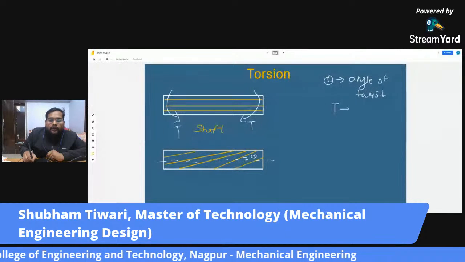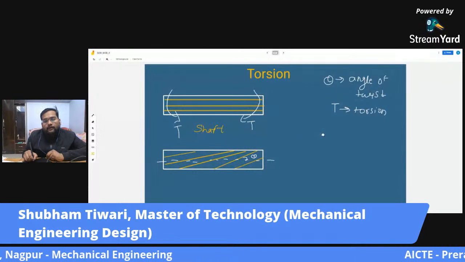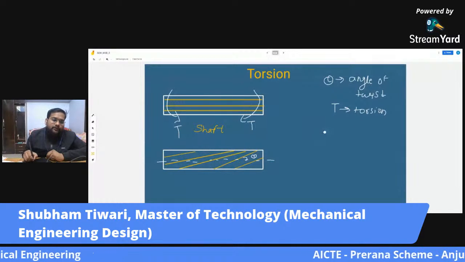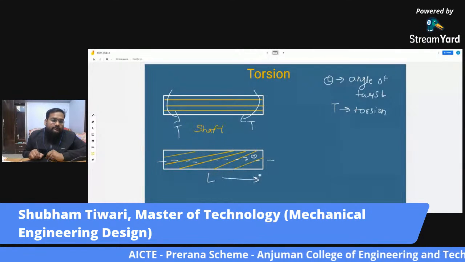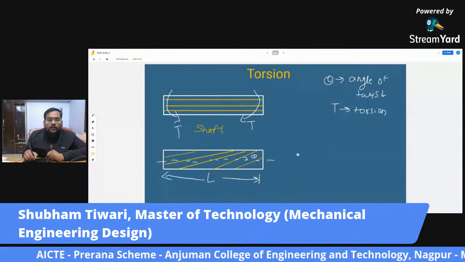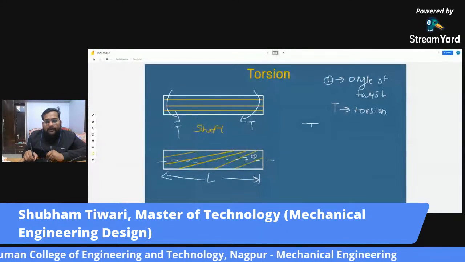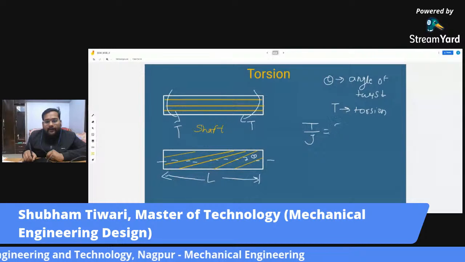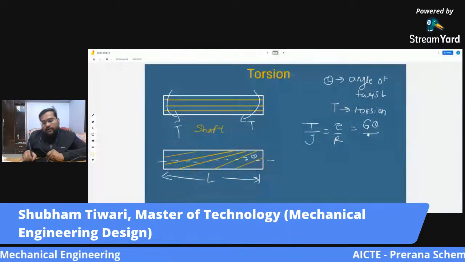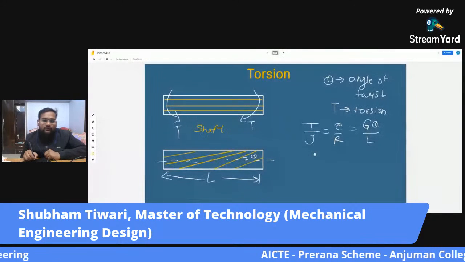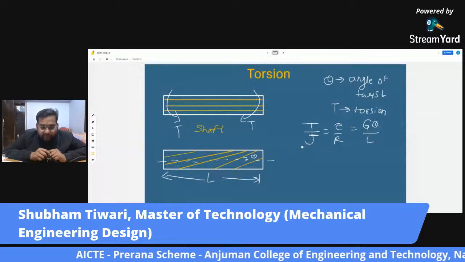And T is torsion. Now, let us say L is the length of this shaft, then the twisting moment can be found by using this formula: T by J equals tau by R equals G theta by L, where G is the modulus of rigidity. So this is how we can find torsion.